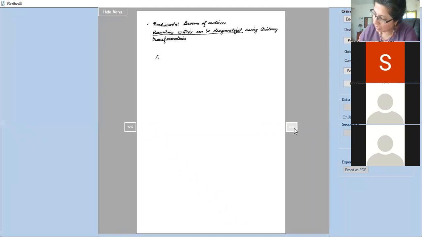So if there is an A, and it is in a non-diagonal form, then what can you do? You can use a unitary transformation.